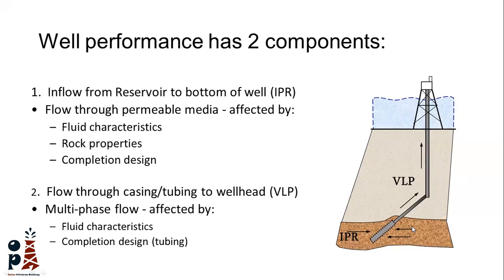The second parameter is the rock properties. Movement is affected by the media, the porous media where the fluid is moving. So, a higher permeability reservoir will have less pressure drop than a low permeability reservoir.